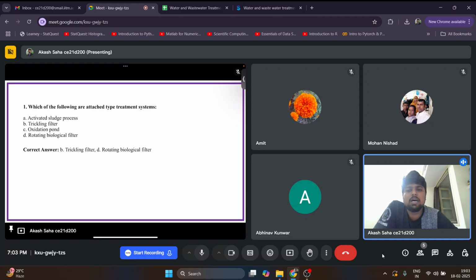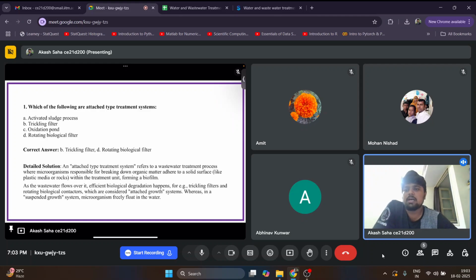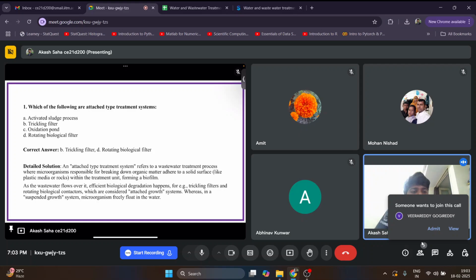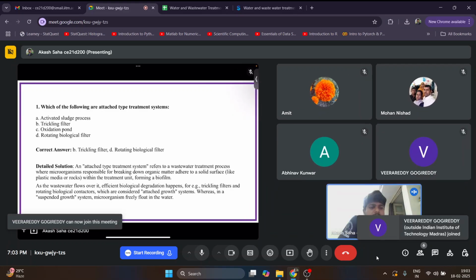These both are attached type, whereas the activated sludge process and the oxidation pond are suspended types. Here the biomass keeps on moving throughout the system. If we have an aeration tank or whatever tank we are providing, the biomass will be freely moving in the system.